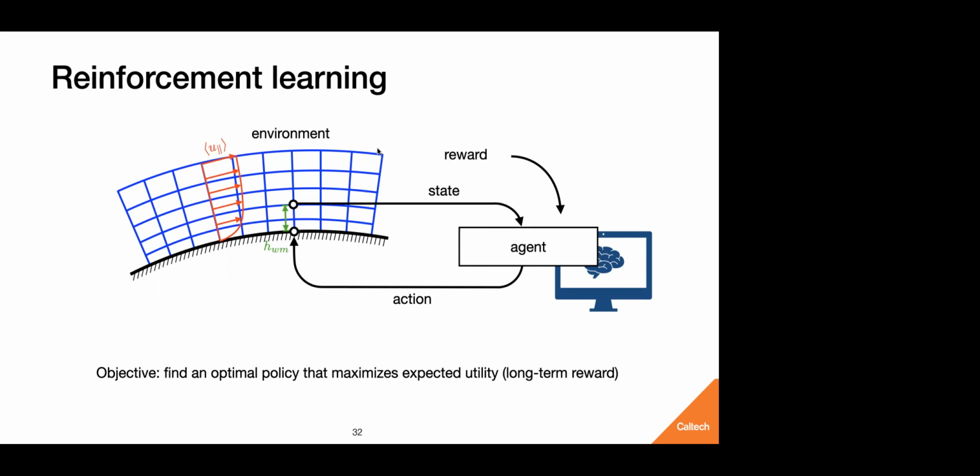The benefit over supervised learning is that your environment, or the grid that you're learning from, is very much a wall-modeled LES grid. It's not a direct numerical simulation grid, so you don't have to worry about the mismatch between those two and numerical errors that pile up. Also, you're integrating over long periods of time to get the long-term reward, so there's going to be no mismatch between a priori and a posteriori testing.